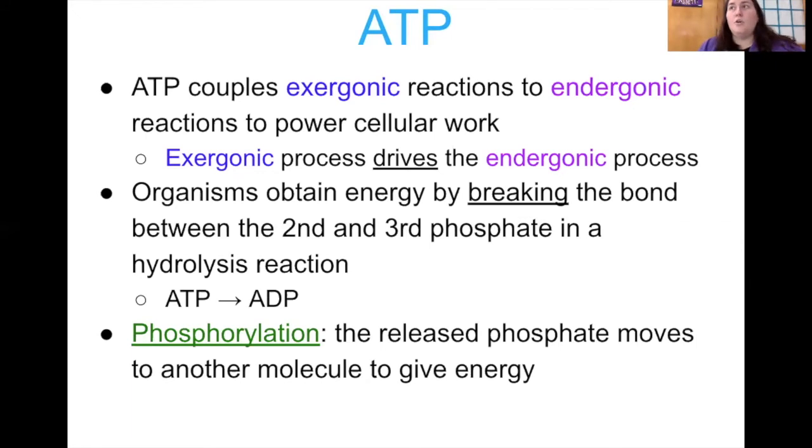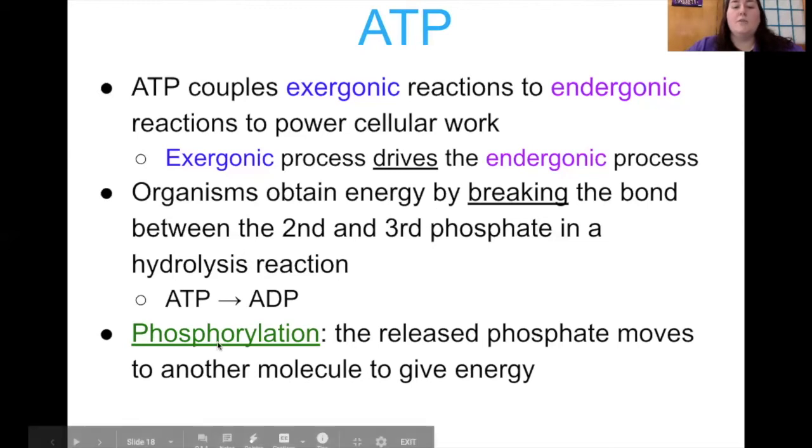As an example, we've used ATP, or energy, in our last unit with the transport of molecules and active transport. In order for molecules to go against their concentration gradient, energy has to bind to that protein in order to make a conformational change that allows things to move across the membrane, from low concentration to high concentration.